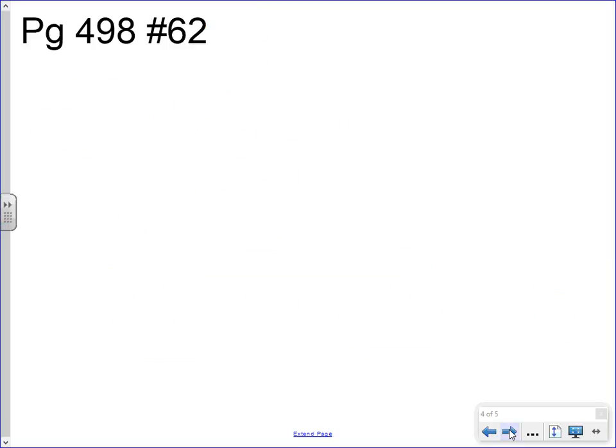Open your book to page 498. Not every single person has to have a book open, but at least have one or two on your table so you can read the book. When you turn to page 498, I want you to read number 62.